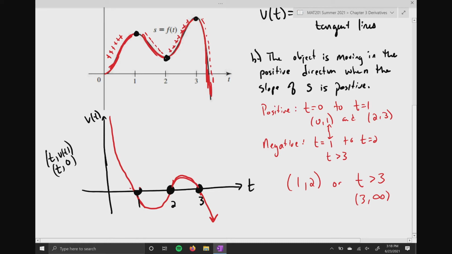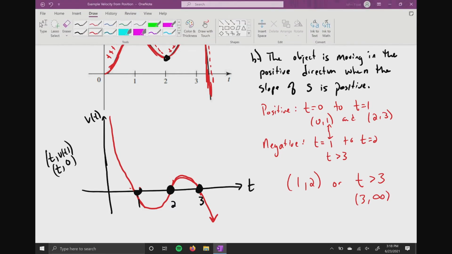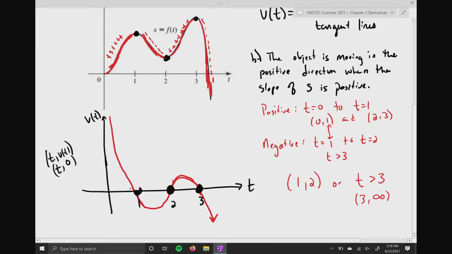Okay? Now, later on in chapter 4, we're going to learn about this thing called inflection points. And what I'm going to do right now is give you a little hint. Right here and right here, I'll put them in blue.